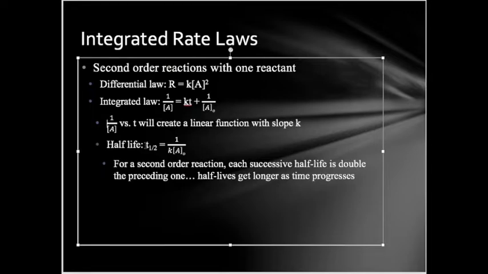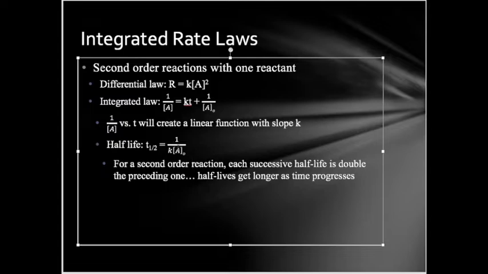It takes more and more time for the concentration to get cut in half. We can see that that's true because the equation for half-life here has concentration on the bottom. And that concentration with the 0 right there is referring to the concentration at the beginning of that half-life period. I'll explain that in a second.